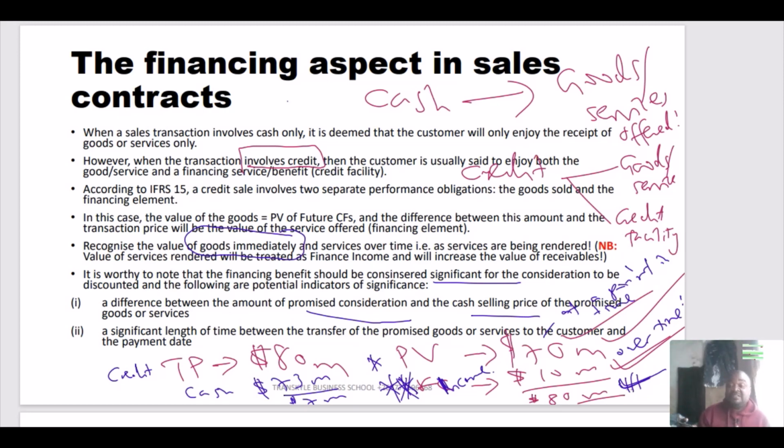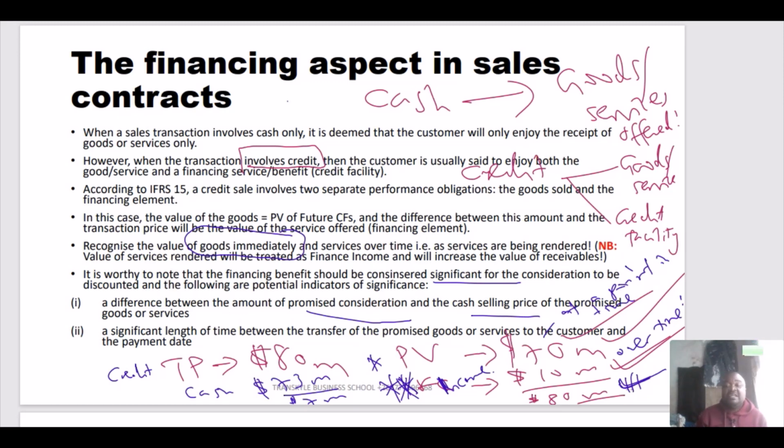So if the credit price of the goods or the promised consideration is so big compared to the cash price, then you can see that that benefit exists. Also, in this case, the credit price was 80 million, and the hypothetical finance income was 10 million, as well as the present value was 70 million.